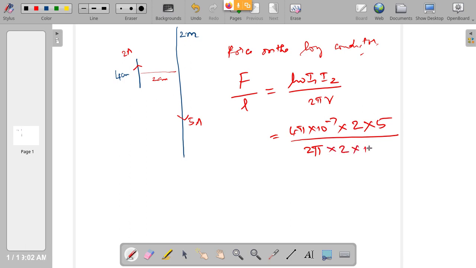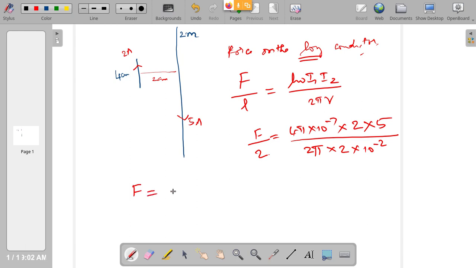So 2 into 10 power minus 2 meters. This is force divided by the length of the conductor. Since they want the force on the long conductor, the length is 2. So F by 2. We want F.